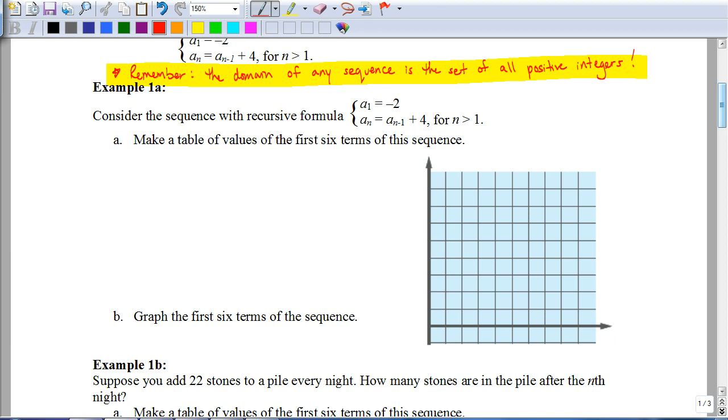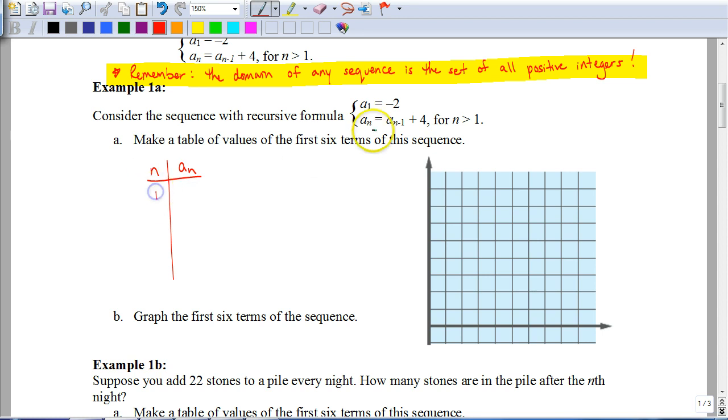It says to make a table of values for the first 6 terms of the sequence. So I'm going to make a table. You can do it horizontally or vertically. Our x is what we put in for n, or our term. Our answer is going to be our y, or a sub n.